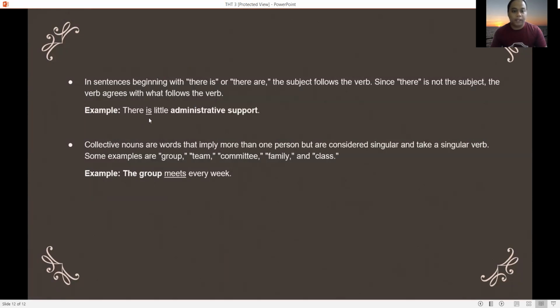As an example, there is little administrative support. Okay, the last one, collective nouns are words that imply more than one person but are considered singular and take a singular verb. Some examples are group, team, committee, family, and class. As an example, the group meets every week.